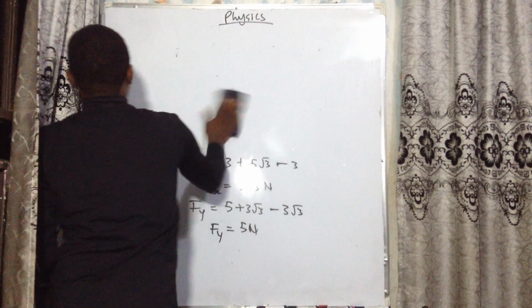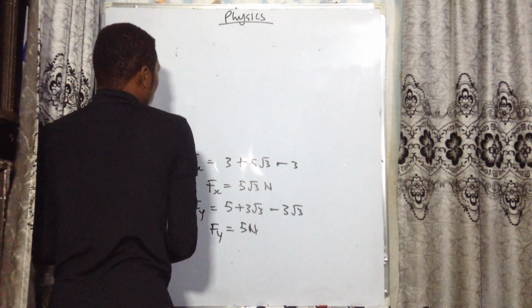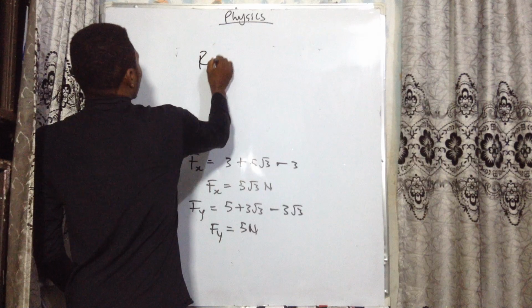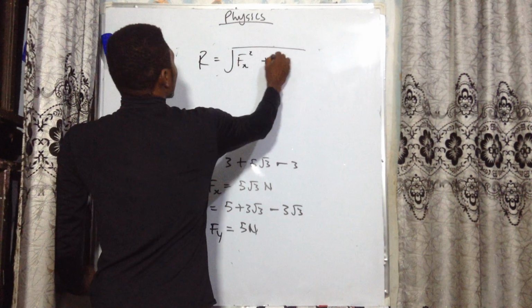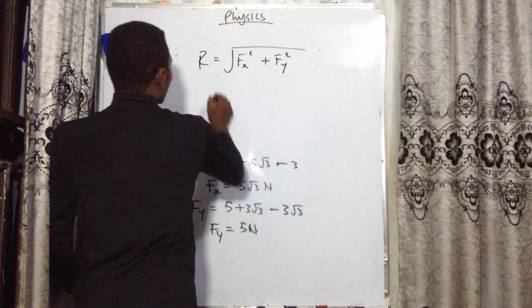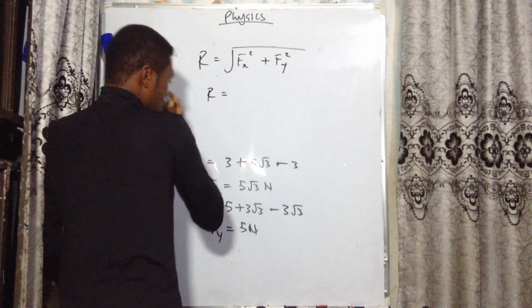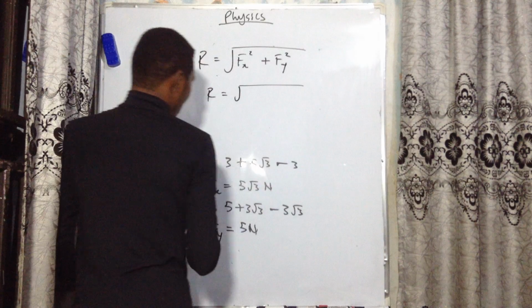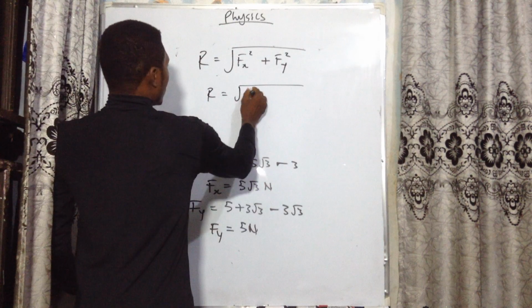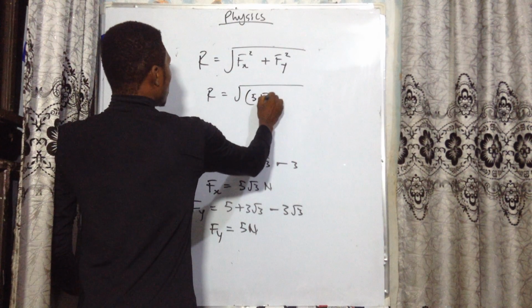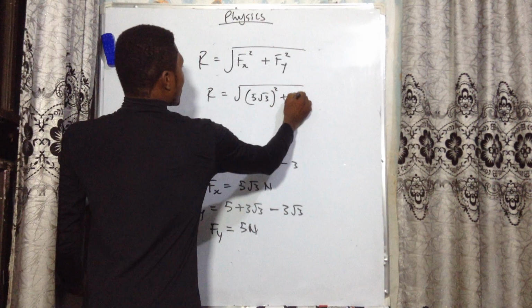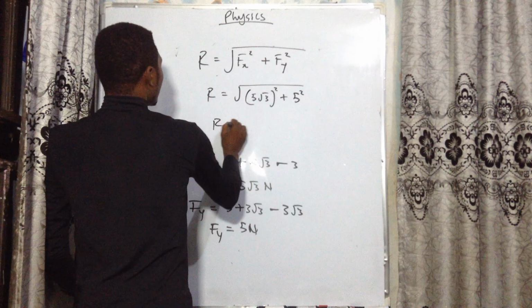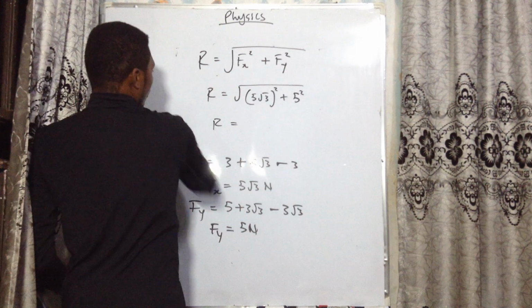The resultant R is equal to the square root of Fx squared plus Fy squared. So R is equal to the square root of (5 root 3) squared plus 5 squared.